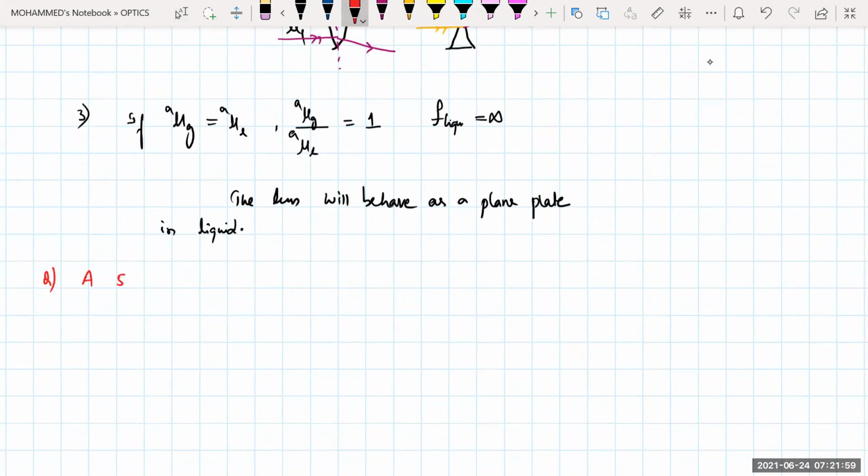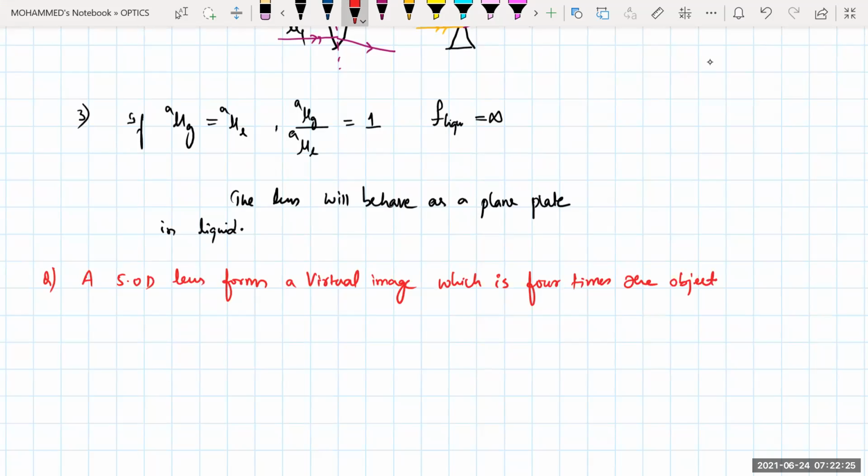See this question. Say, for example, a 5 diopter lens forms a virtual image which is 4 times the object, placed perpendicular on the principal axis of the lens.